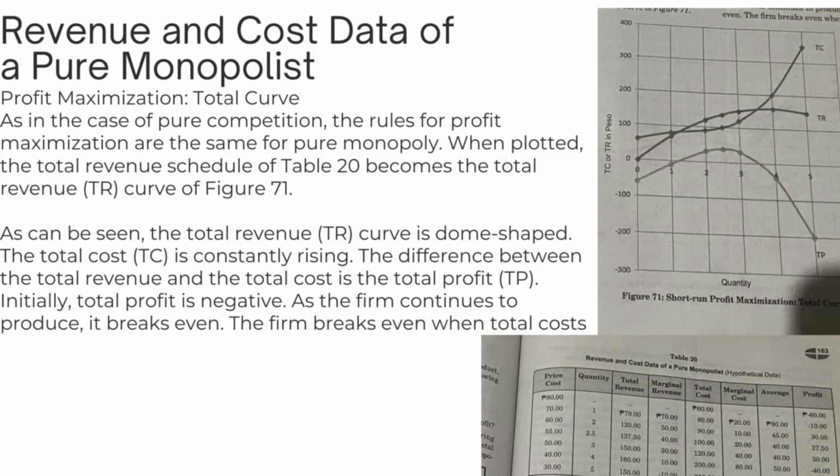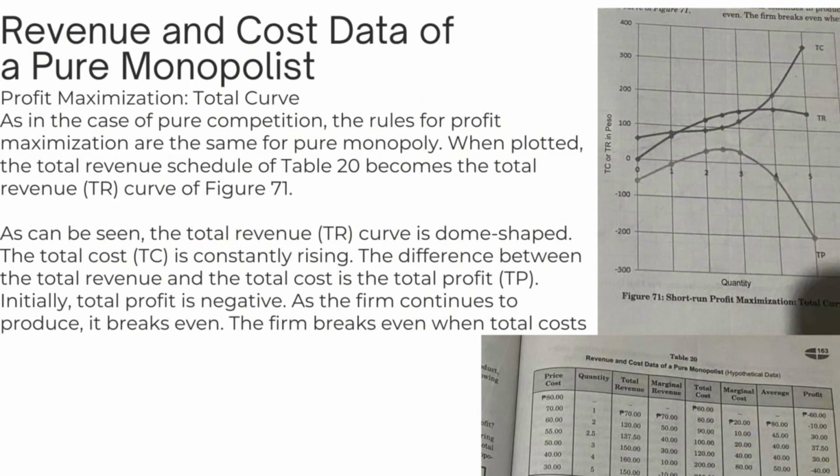Third, calculate total revenue. Multiply the price by the quantity sold. Fourth, calculate total cost. Multiply the quantity on the horizontal axis by the average cost on the vertical axis. And lastly is to calculate profit. Subtract total cost from total revenue.